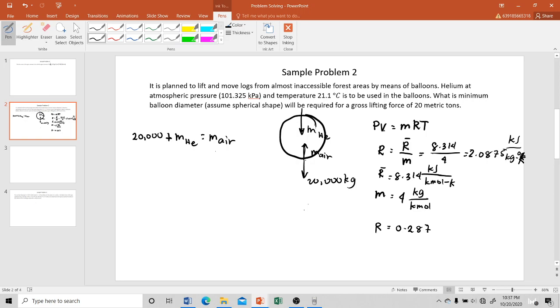So we will use this equation, PV is equals to MRT. So 20,000 plus the mass of the helium, where the pressure is 101.325.